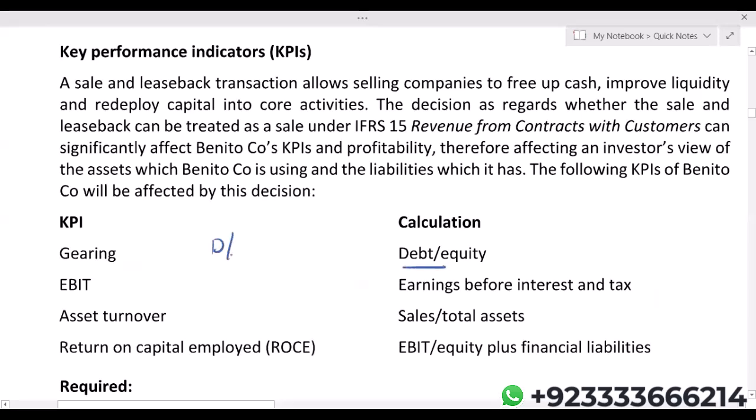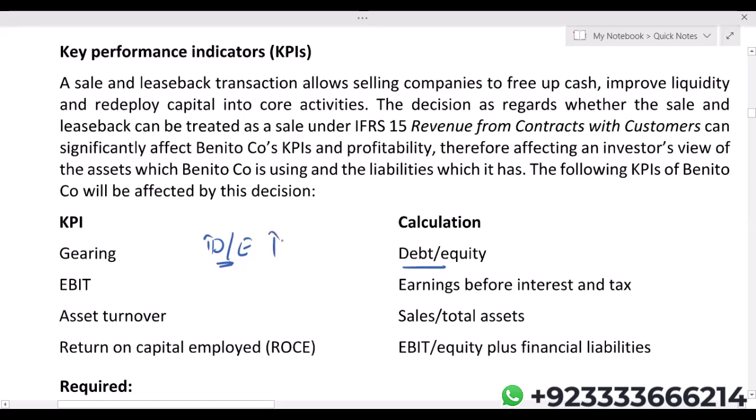Now let's see what are the ratios. Debt to equity ratio. Now try to understand. When head office transfer is not qualifying as sale, entire 7.5 million is your loan. It is your financial liability. In that case, debt will increase. Obviously, when debt increases, then your gearing will be higher.